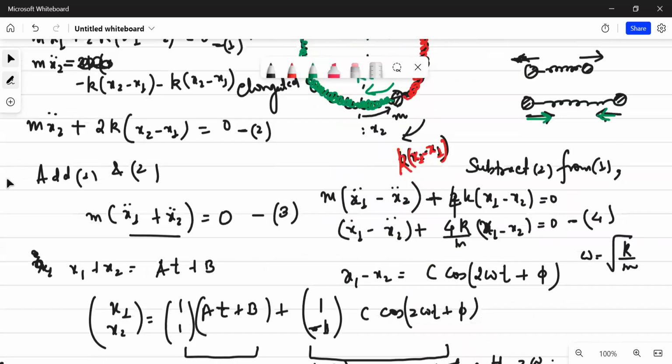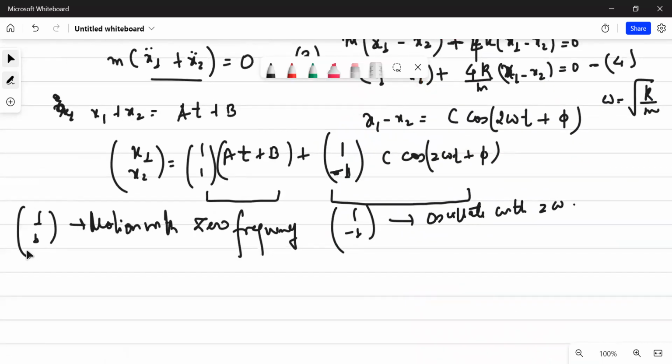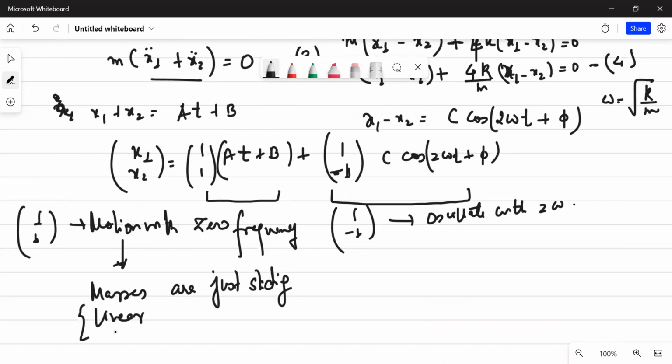Is that clear? यही तो हुआ? Yes. है ना? And this particular mode only represents that your masses are just sliding, nothing else, just sliding at a linear rate on the hoop or whatever.